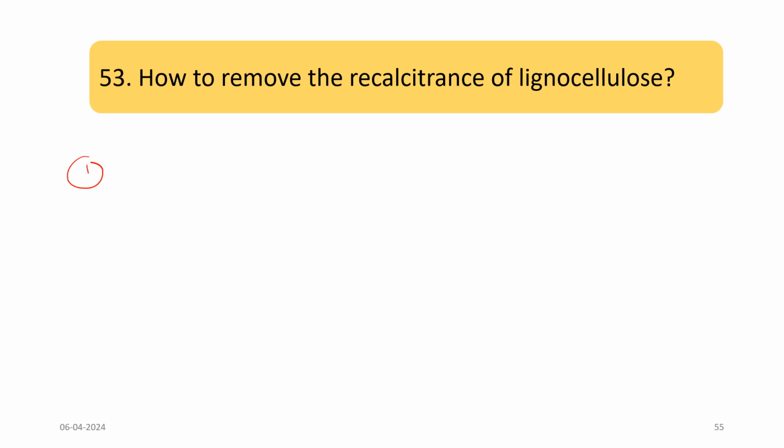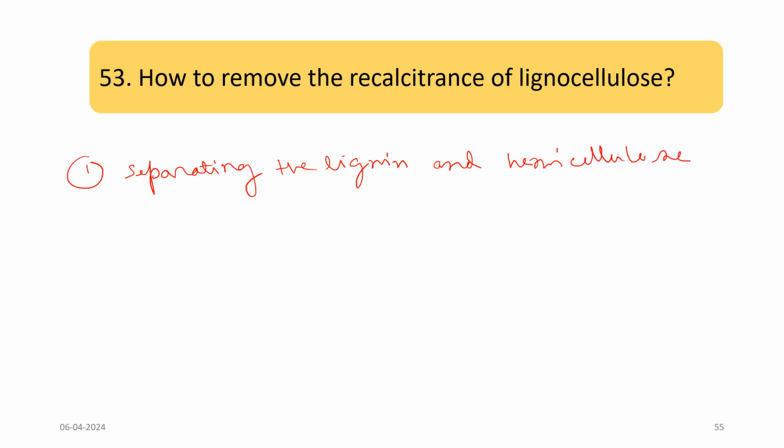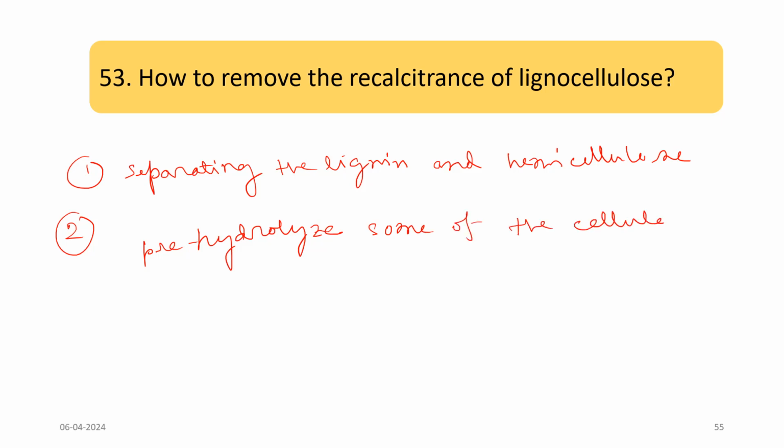The first process is separating the lignin and hemicellulose. The second one is to pre-hydrolyze some of the cellulose.